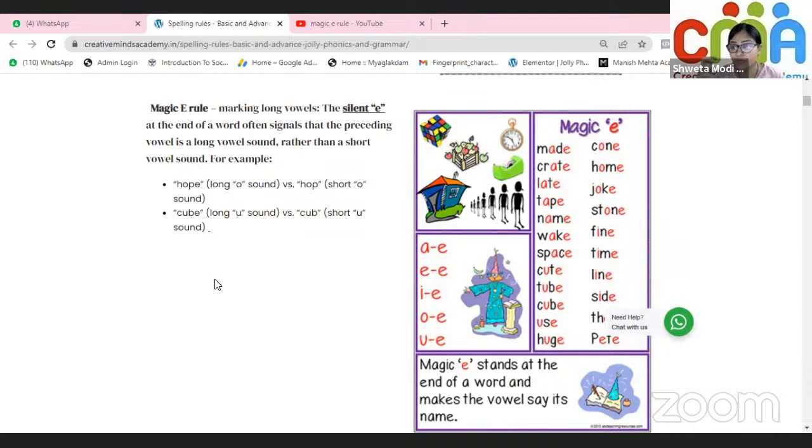Can you type more such examples where you find E changing the short vowel sound to the long vowel sound in a bigger word? Can you think of any such word as in Colgate? Can you think of more words?